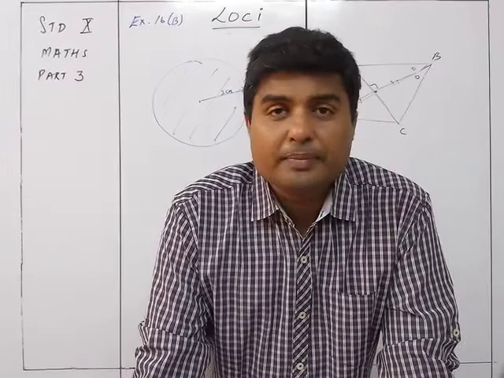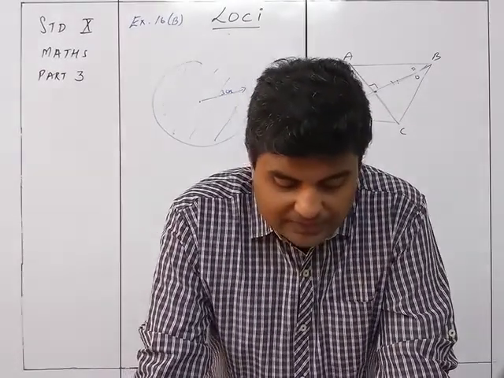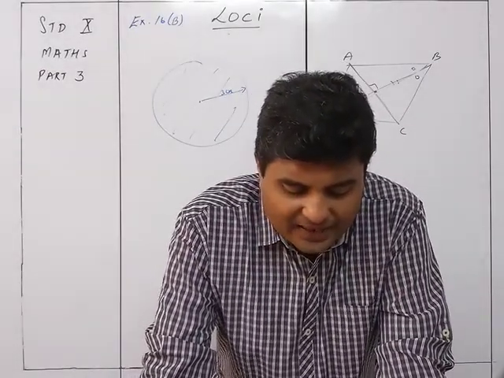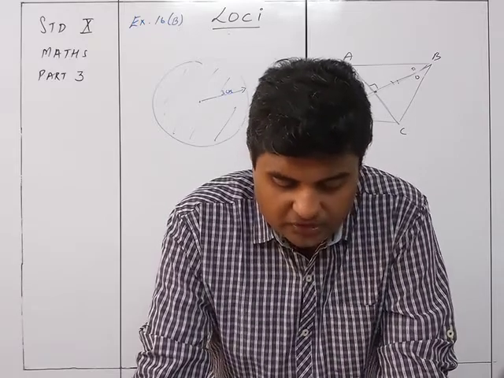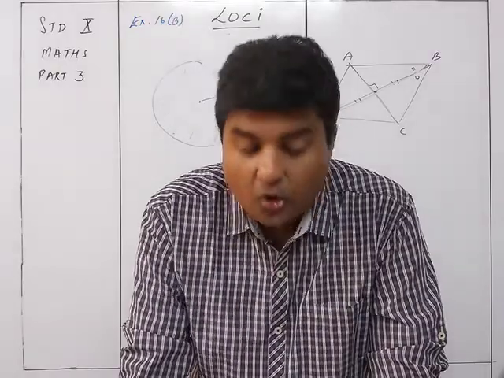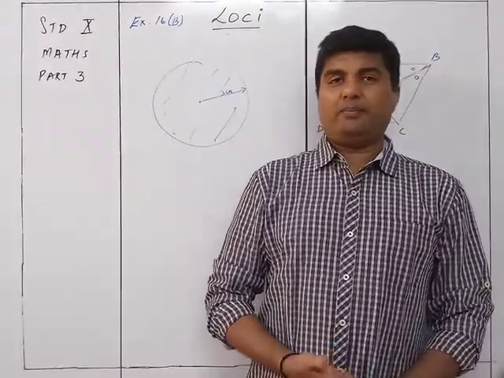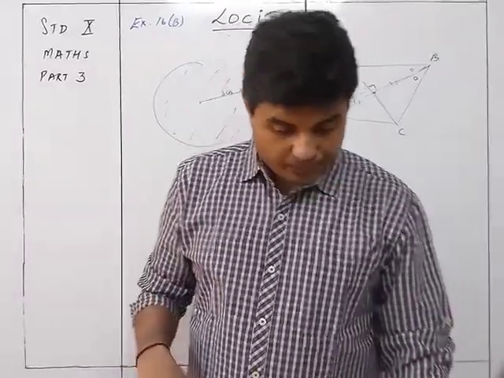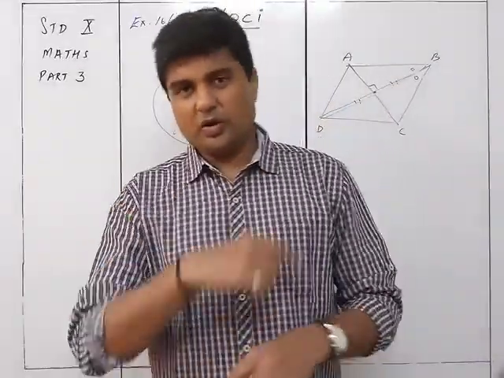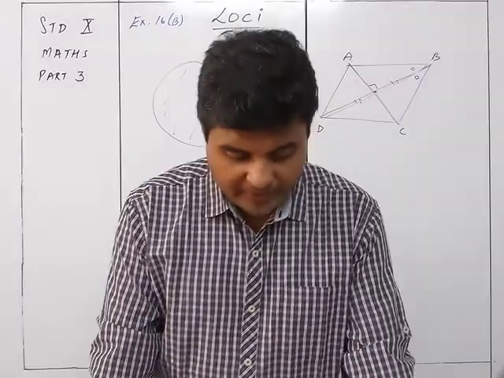We now move on to sum number 4. The locus of a point at a distance greater than or equal to 35 mm from a given point. So that will again be a circle only.